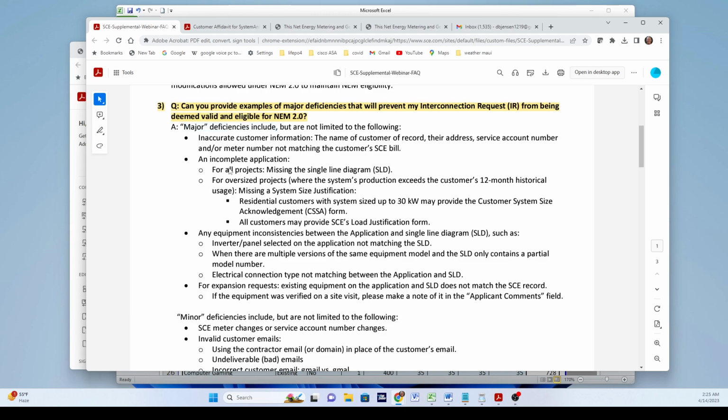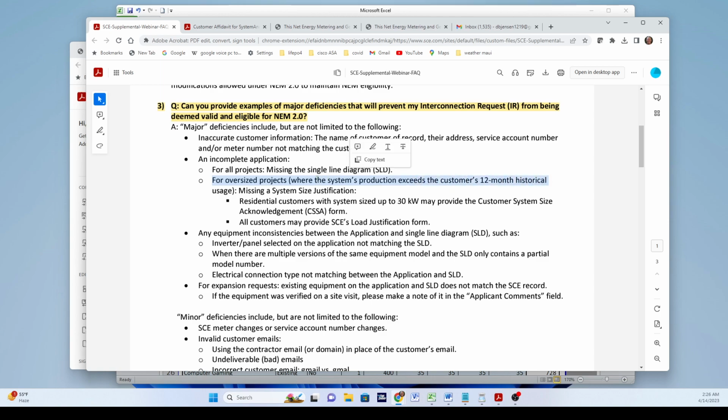So if you're missing a single line diagram, which is not going to happen, or if you make a mistake on the contact information on the form and the meter number and all that, that's pretty easily remedied. You just go through the bill and make sure all that works. But I'd say the biggest risk for most of us, that perhaps I didn't think of, is an oversized project.